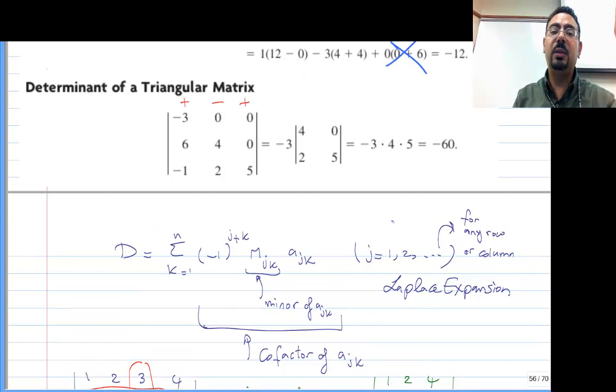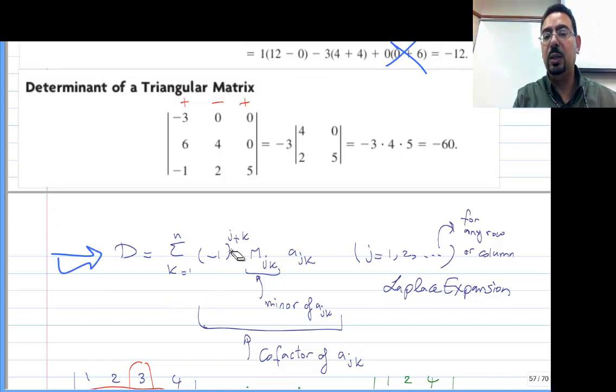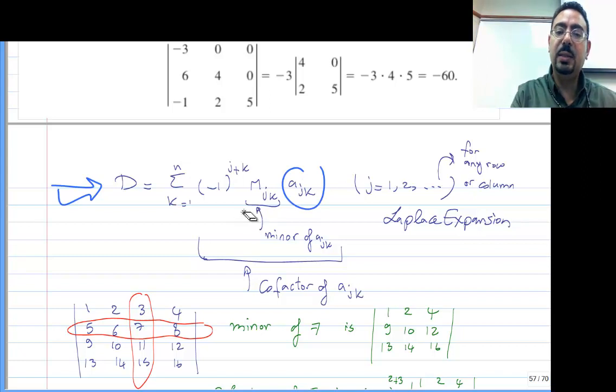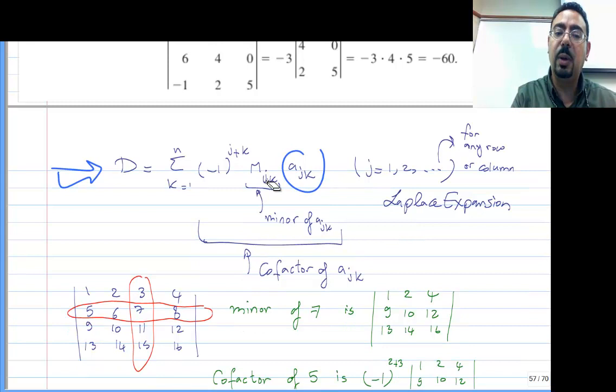So if you have bigger matrices than this, like 5 by 5 or 7 by 7, you probably cannot do it by hand, it's just too long, and that's the formula that the software would use. Right? So the minus 1 to the power J plus K, right? And this is the row that you are opening with, and this is the minor of A_JK. That's the thing that you are multiplying by your elements, right?